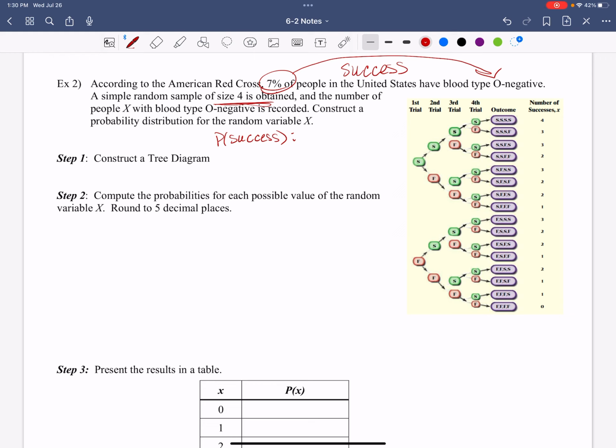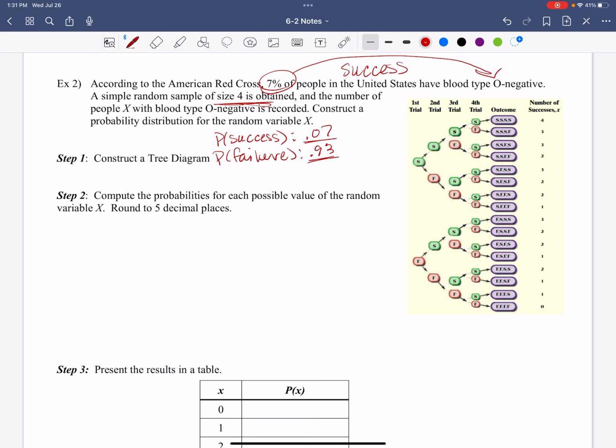Now remember, probability is between 0 and 1, so that's a percent. Can I write that as a percent? No. How do we write it? As a decimal, so 0.07, because to change a percent to a decimal, you move it twice. What's the probability of failure? 0.93. Good, because that's the complement, right?